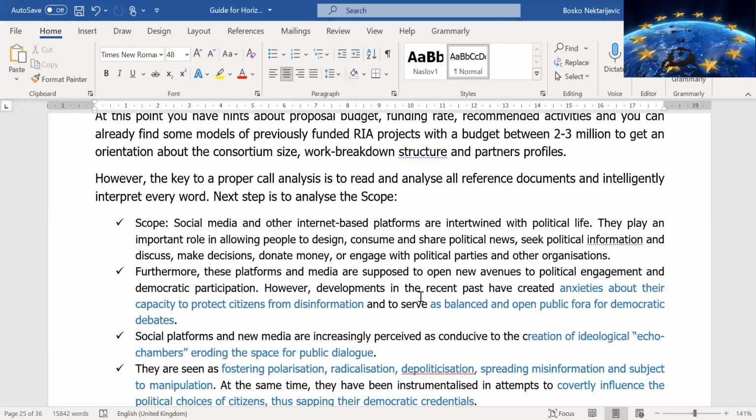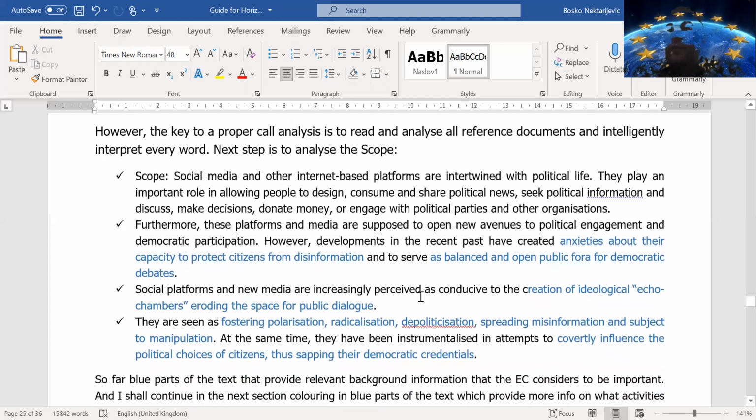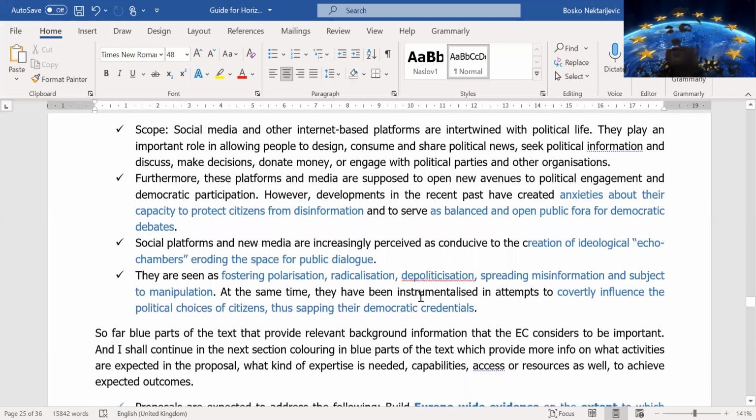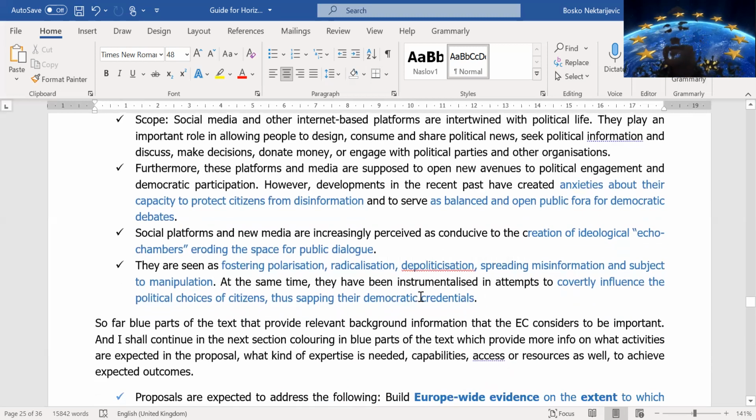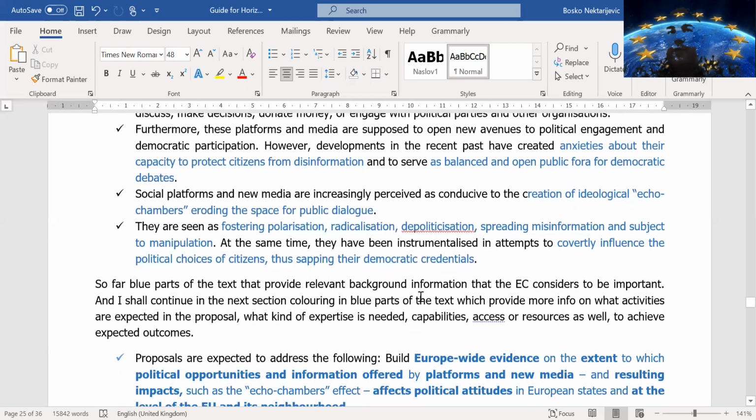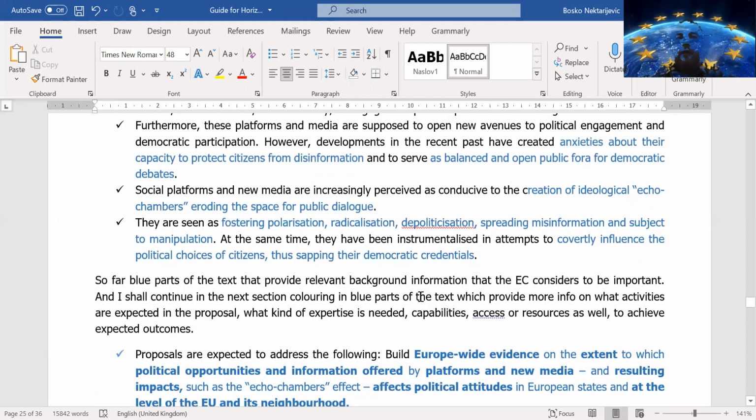Now, social platforms and new media are increasingly perceived as conducive to the creation of ideological echo chambers, eroding the space for public dialogue. They are seen as fostering polarization, radicalization, depolitization, spreading misinformation, and being subject to manipulation.